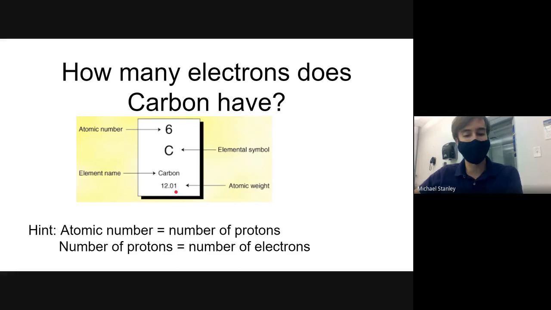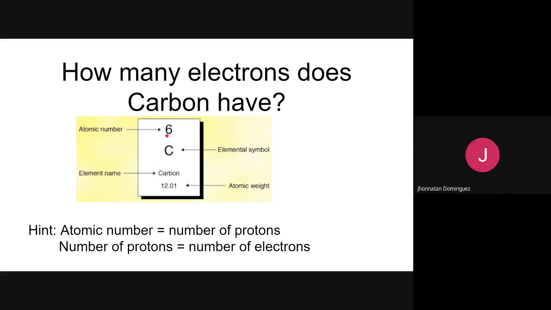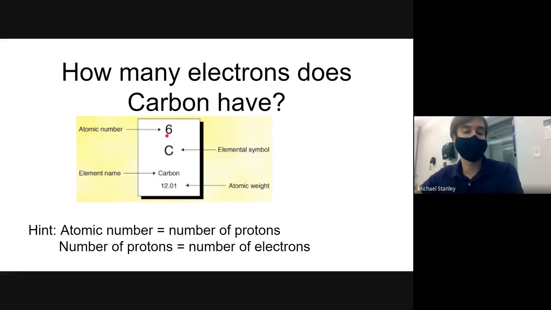So if you do 12, which is the weight, minus 6, which is the number, that'll give us a neutron count of 6. So that is exactly correct, Jonathan. We have 6 neutrons, 6 electrons, and 6 protons in one atom of carbon.